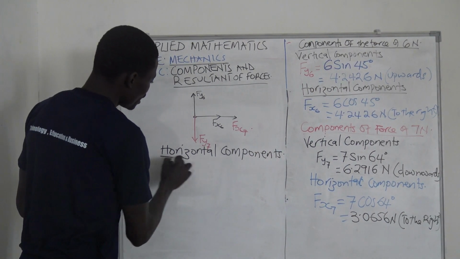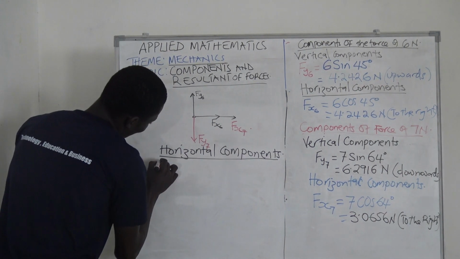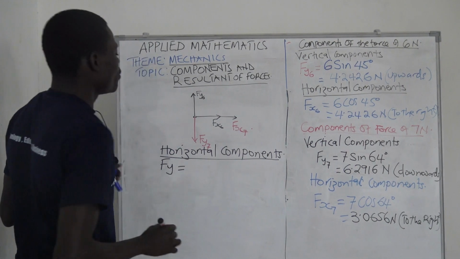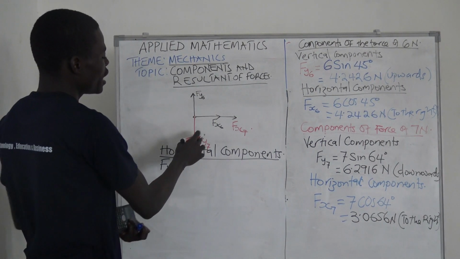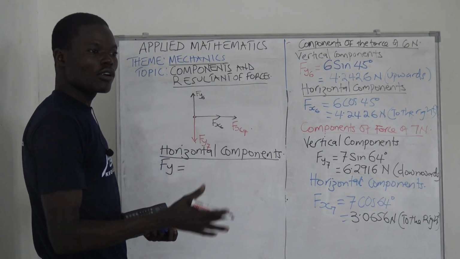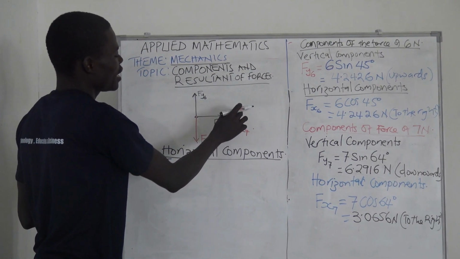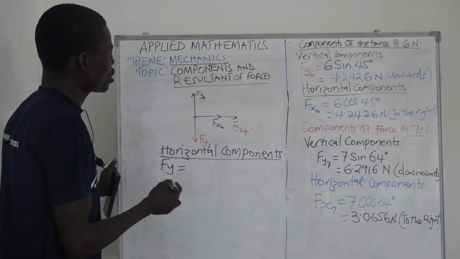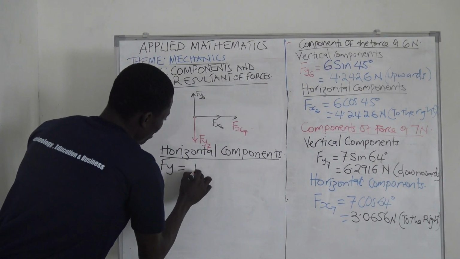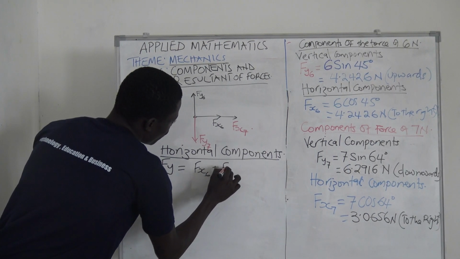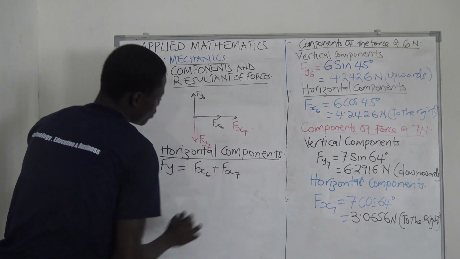The horizontal component, we shall name it as Fx. The overall: if you are getting a resultant component and they are in the same direction, you add. So here, since F6x and F7x are in the same direction, we shall get Fx due to 6 plus Fx due to 7.